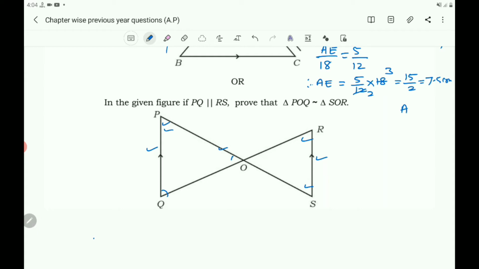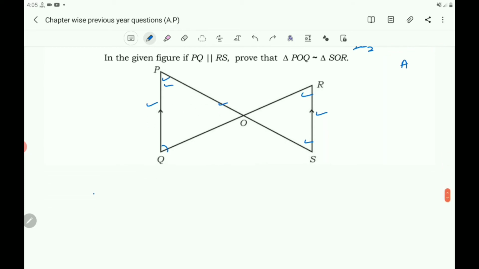Next, you know that angle POQ must be equal to angle ROS. They are the vertically opposite angles. In this way you will get three pairs of equal angles in these two triangles, and then you can say that triangle POQ is similar to triangle SOR. Then you write the names of these two triangles.